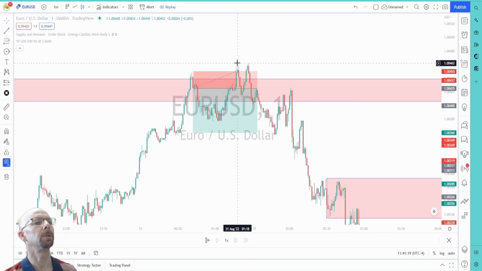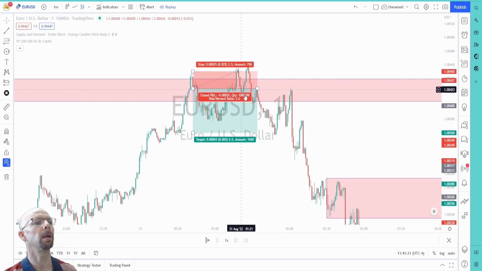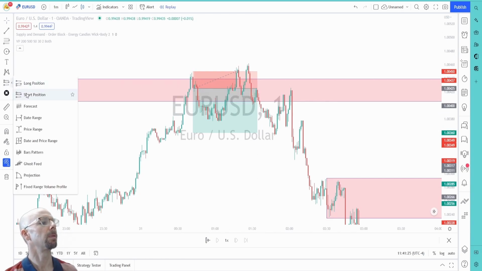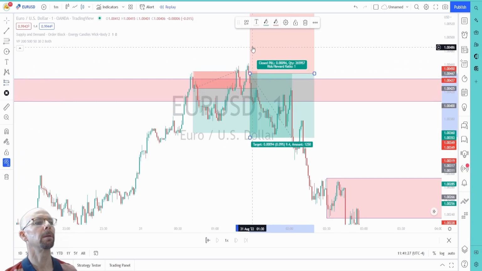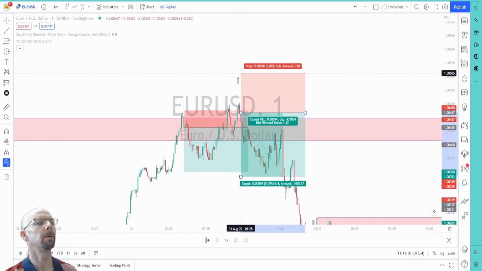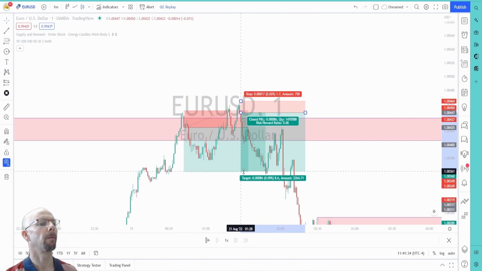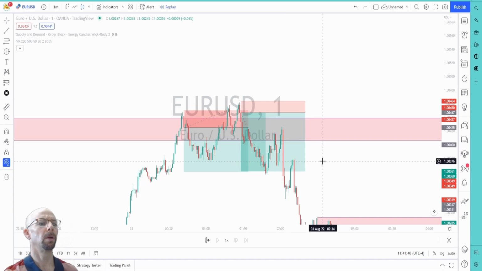This was another opportunity. Would have lost that one as well. And again, this one, if you would have kept trying, the third entry would have worked out. And that was a risk to reward of 5.06. So you don't want to get discouraged on this as well.